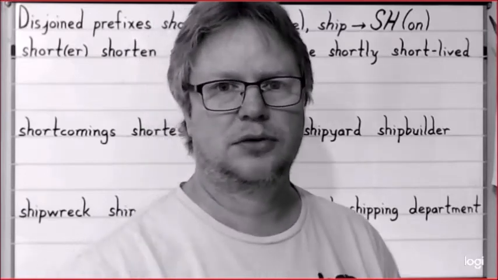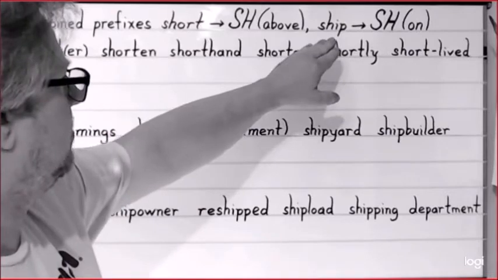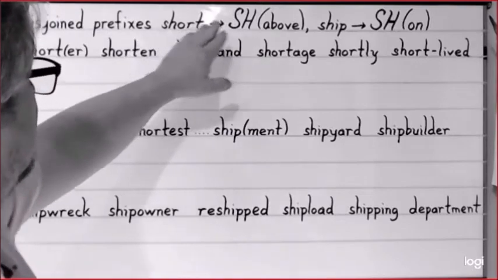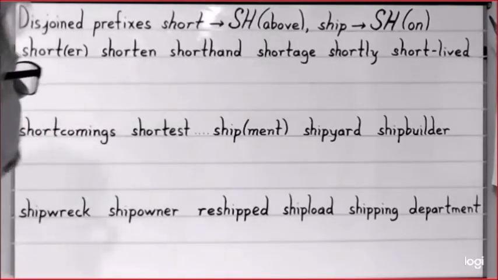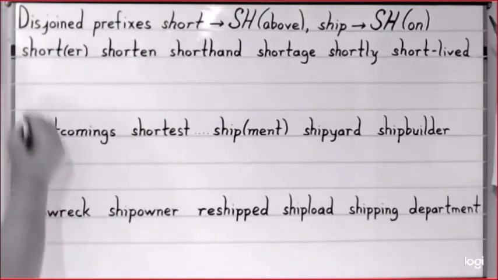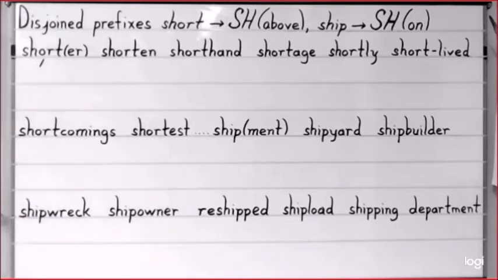The disjoined prefixes short and ship are represented by an SH. For the prefix short, the SH is written above the line, ship on the line. But for the word short, simply just this SH here above the line.